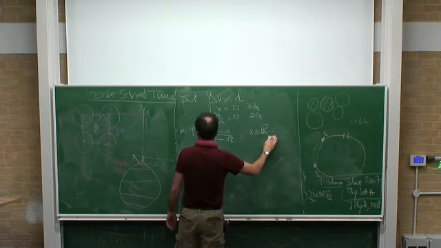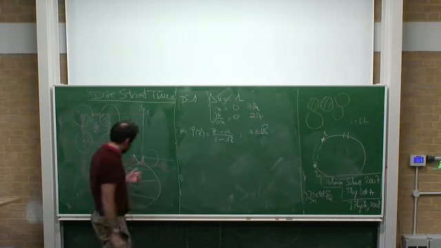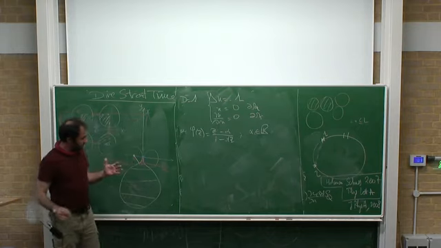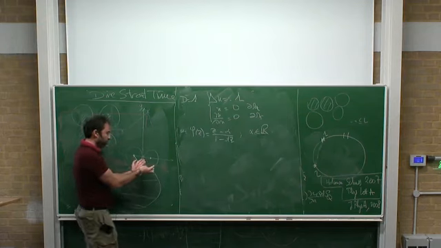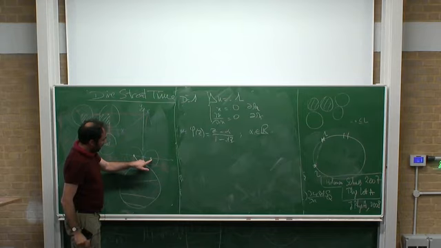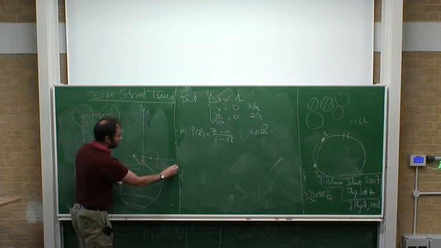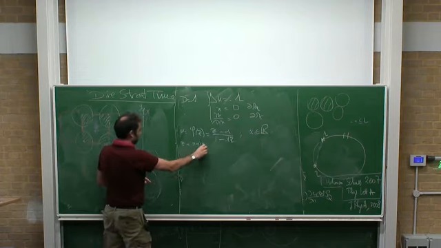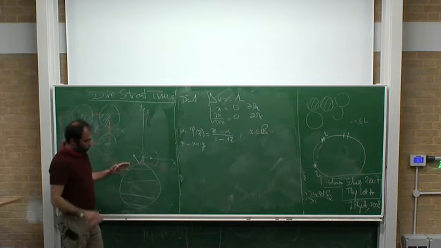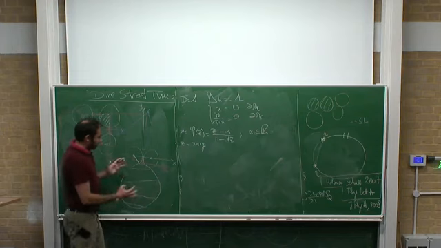Why use this? So this is now, let's say, a ball of radius 1. And z is x plus iy.